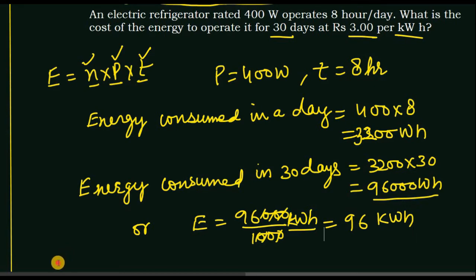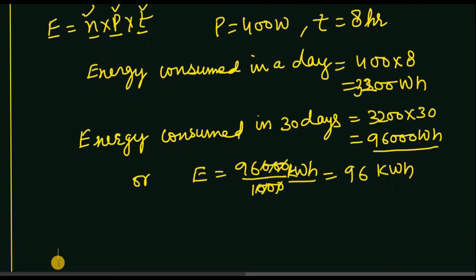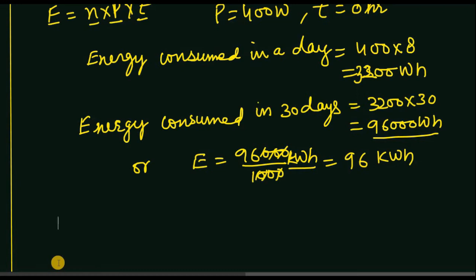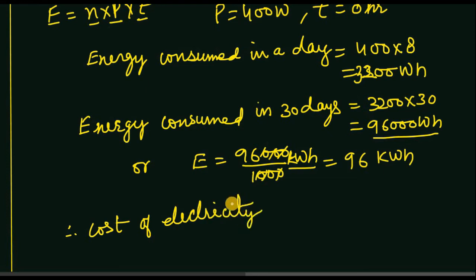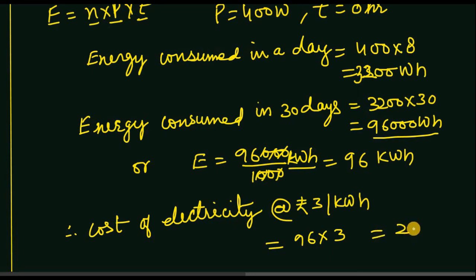Now we have to find out the cost of electricity at 3 rupees per kilowatt hour. That is already given. Therefore the cost of electricity at rupees 3 per kilowatt hour equals 96 into 3, equals 288 rupees.